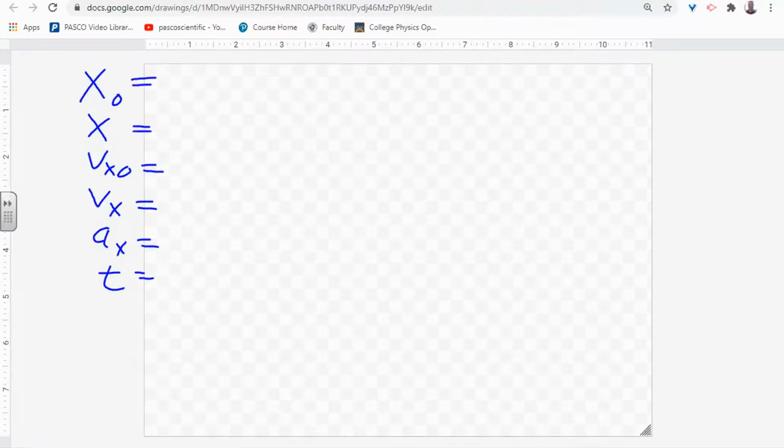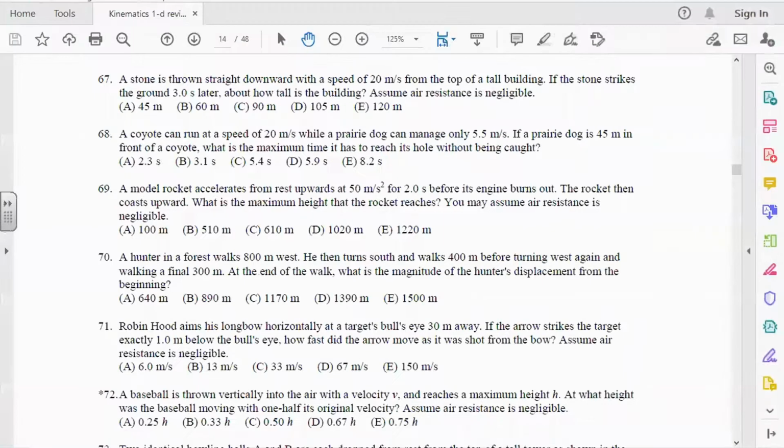So listing my variables again. And then I'm going to read through the problem, and I'm going to figure out what I know. So the initial speed is downward at 20 meters per second. It hits the ground 3 seconds later. So that's all the information that I have.